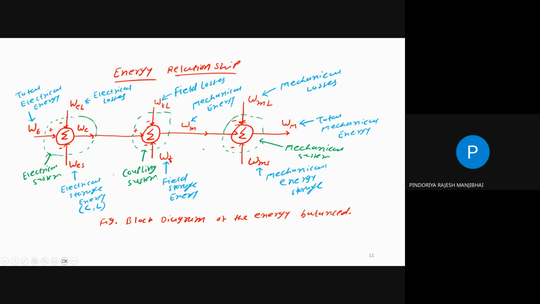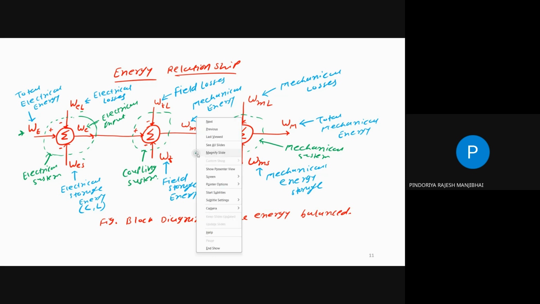Yes, so you can see we have an electrical input energy, then electrical losses, as well as the energy storage. Yes, we can store the energy by the inductor, by the capacitor, correct? Then output, that is electrical energy. So this is the electrical input, correct?